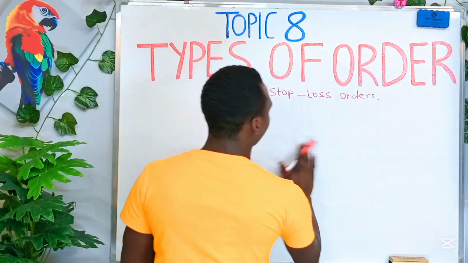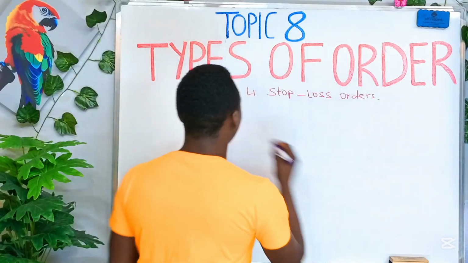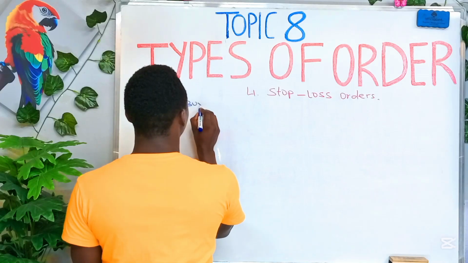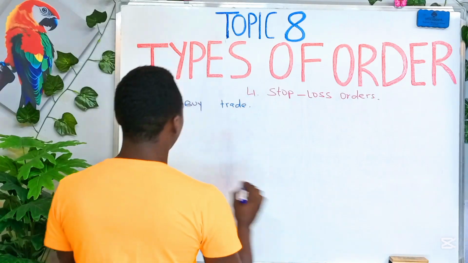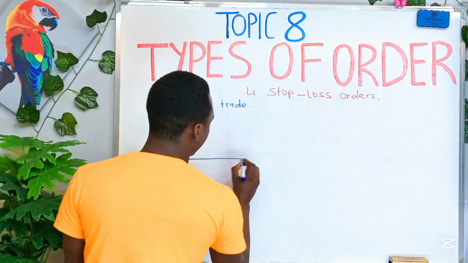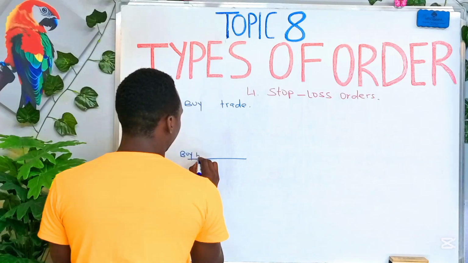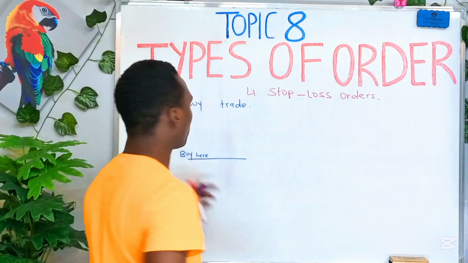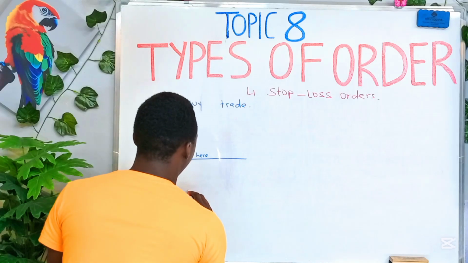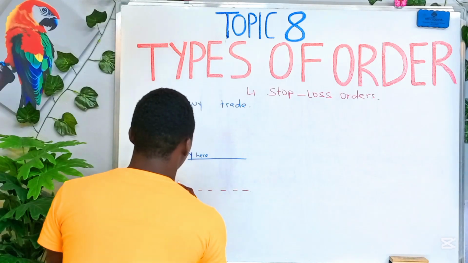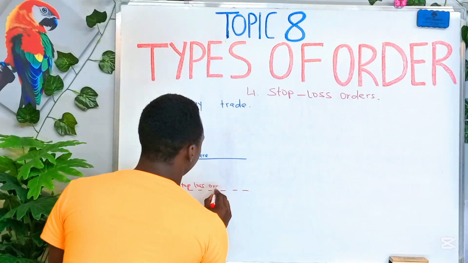Let us take an example where we have a buy trade. You decide to enter the market at that point, so you buy here. Where do we put our stop loss? We put it below here. This one is our stop loss order.